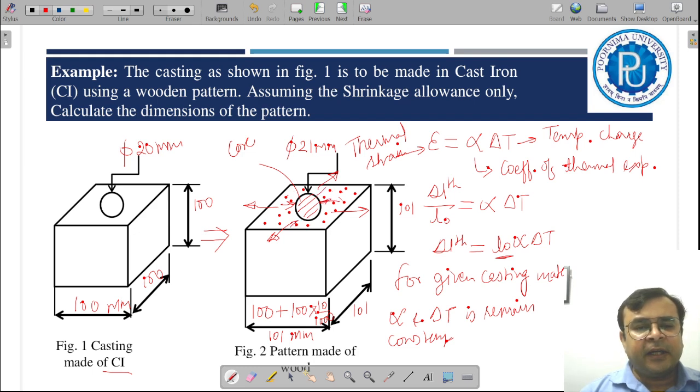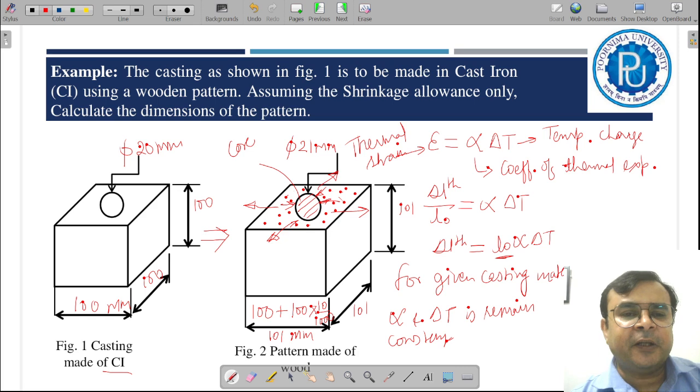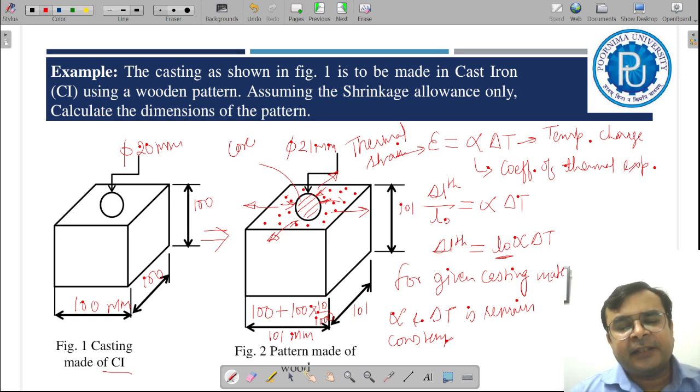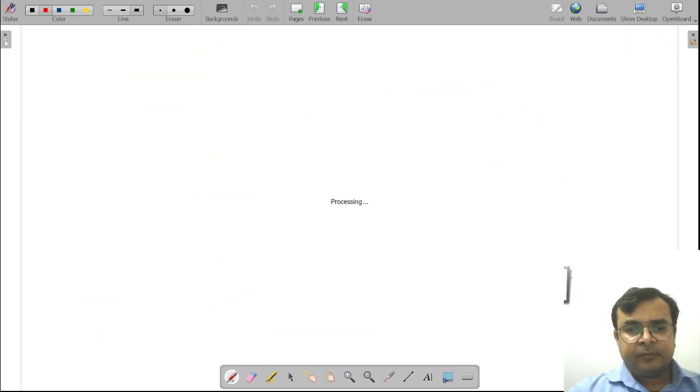So this molten metal tries to shrink onto the core. Therefore, if we make a slightly larger core, then by the metallostatic pressure applied by the liquid metal during solidification, it is compressed and we get the exact shape of the hole. Is it right? So with the help of this example, we understand how we accommodate the shrinkage allowances.